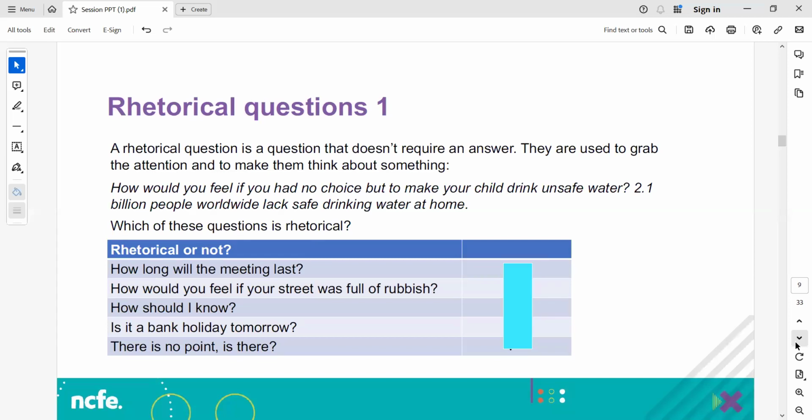So let's look at the table, and I want you to tell me if these are rhetorical questions that do not require an answer but make the reader think, or are they genuine questions that require an answer? How long will the meeting last? Is that rhetorical or not rhetorical?